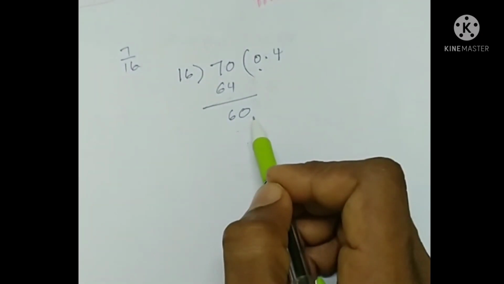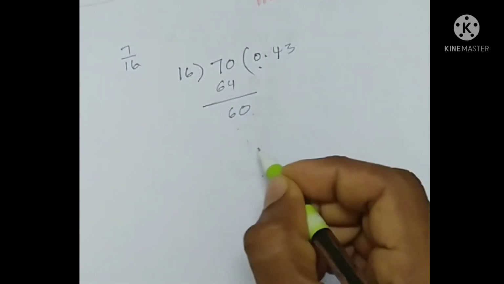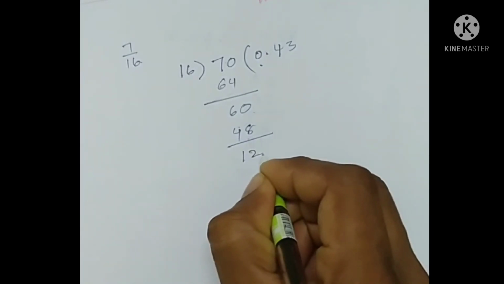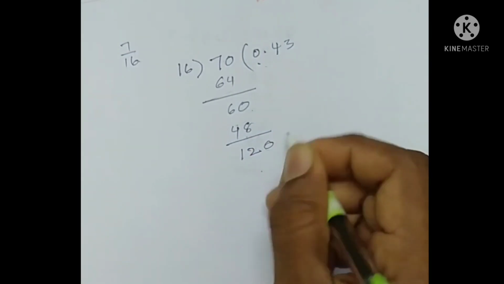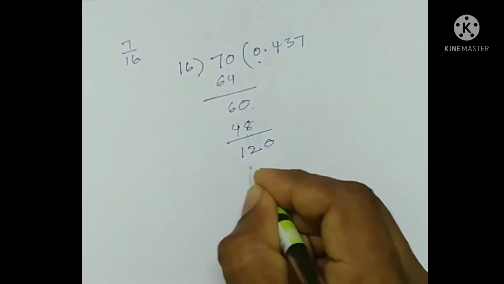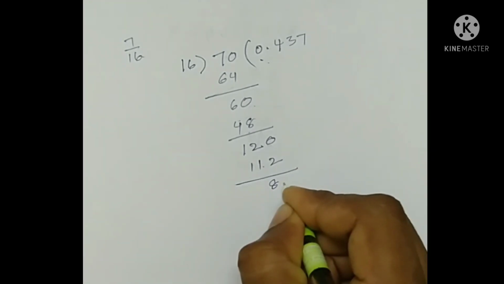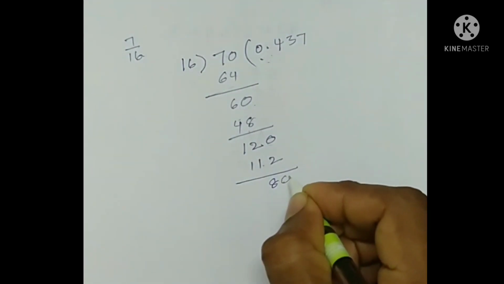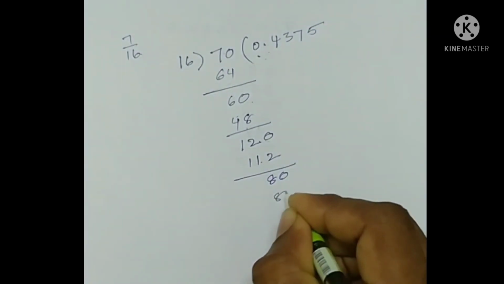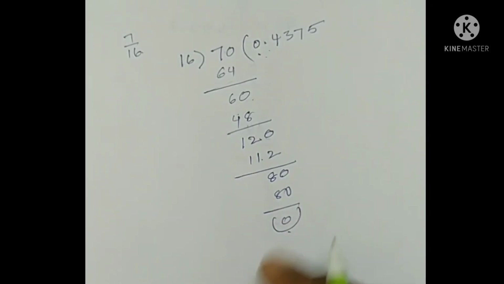Then 16 threes are 48. Let's take 0. So 16 sevens are 112. So the subtraction result is 8. Remaining, let's take 0. So 16 fives are 80. Finally the result is 0. Remainder is 0.